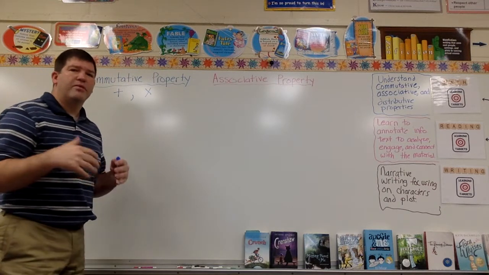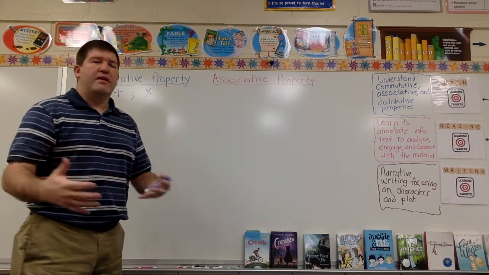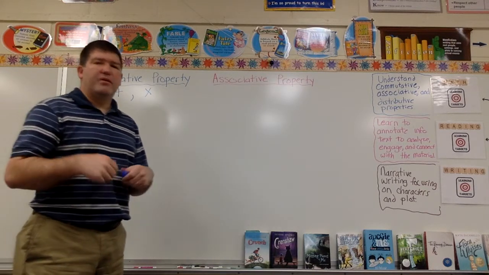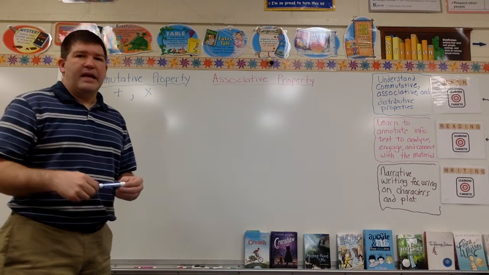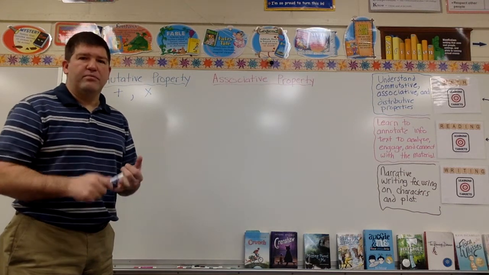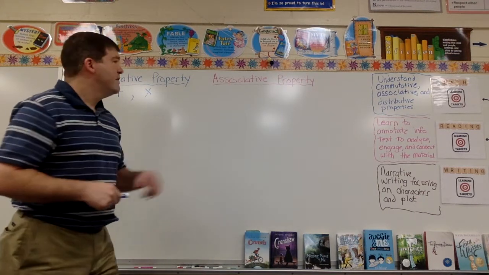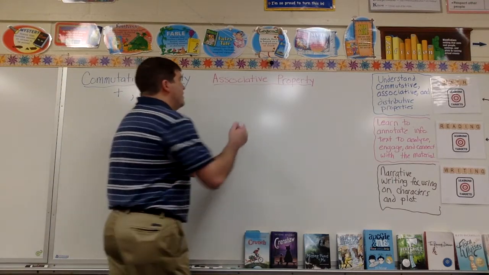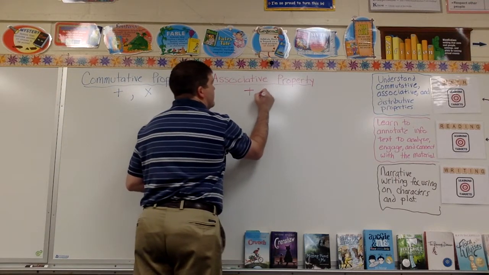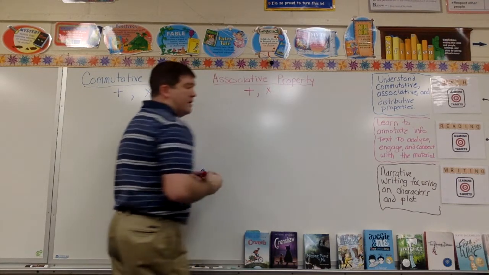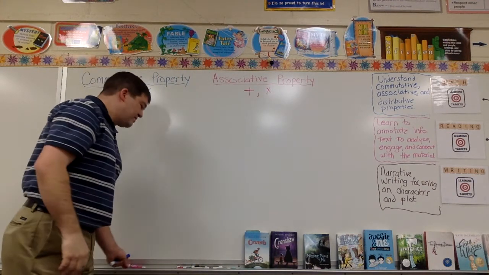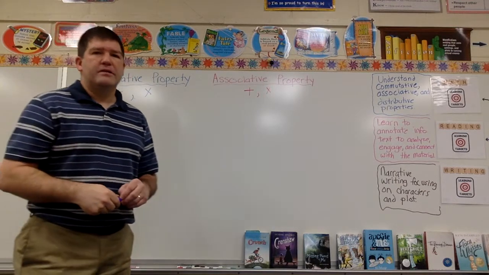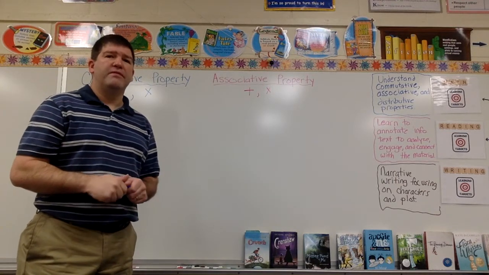So any time commutative property comes up, or someone's saying something about it, it has to be about addition or multiplication. Okay? Same thing with associative property. Addition or multiplication. Those are the two things that it works with, not subtraction, not division. Okay?